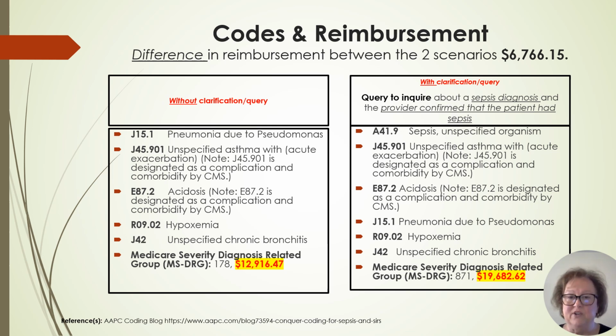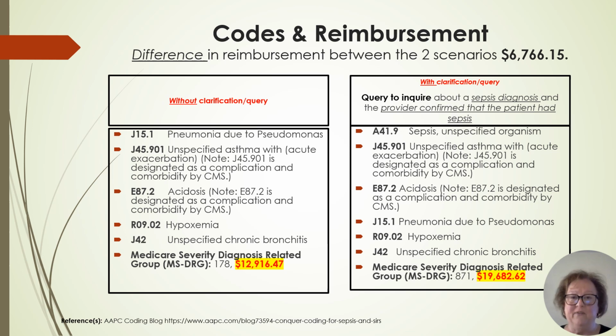So we were able to establish the primary working diagnosis of sepsis that in turn affected the diagnosis related grouping assignment with the unique relative weight assigned to it that is higher in intensity of resources than a primary working diagnosis of pneumonia due to Pseudomonas. As you can see, the Medicare severity diagnosis related grouping on the left without clarification has a reimbursement of approximately $13,000.